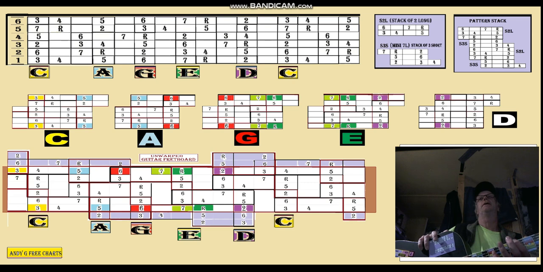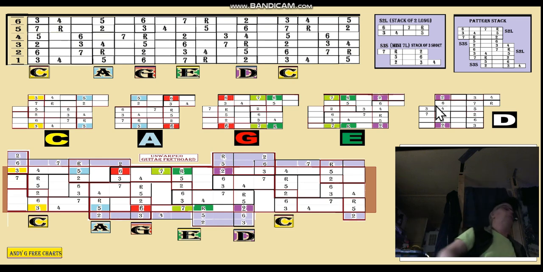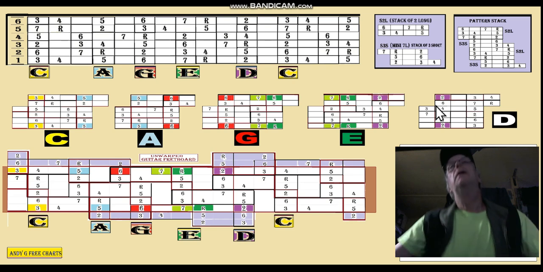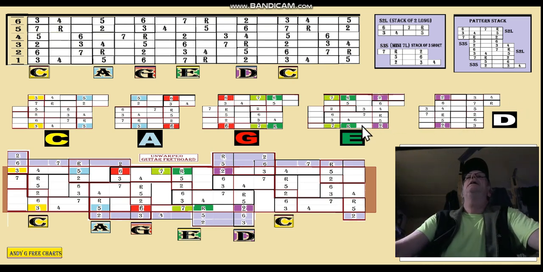It is right here. The root on E shape is right there. Now, I made this chart today. Let's talk about the chart. The root in the E shape is here.